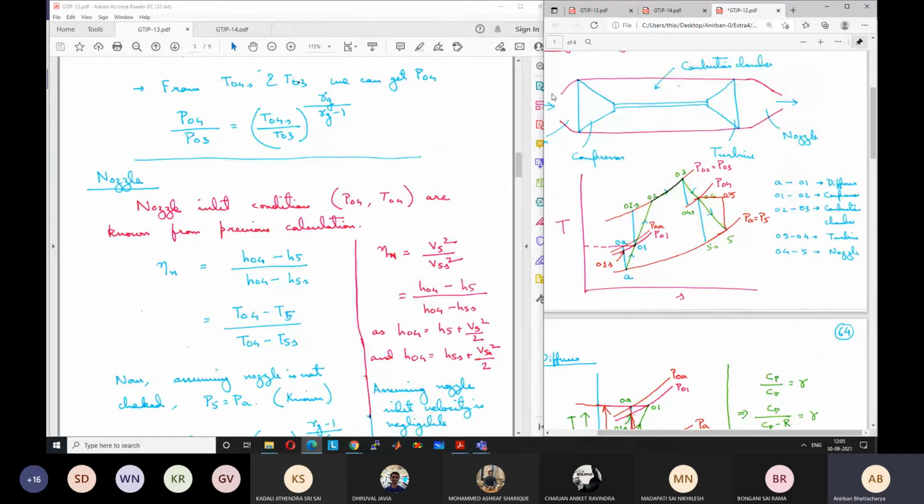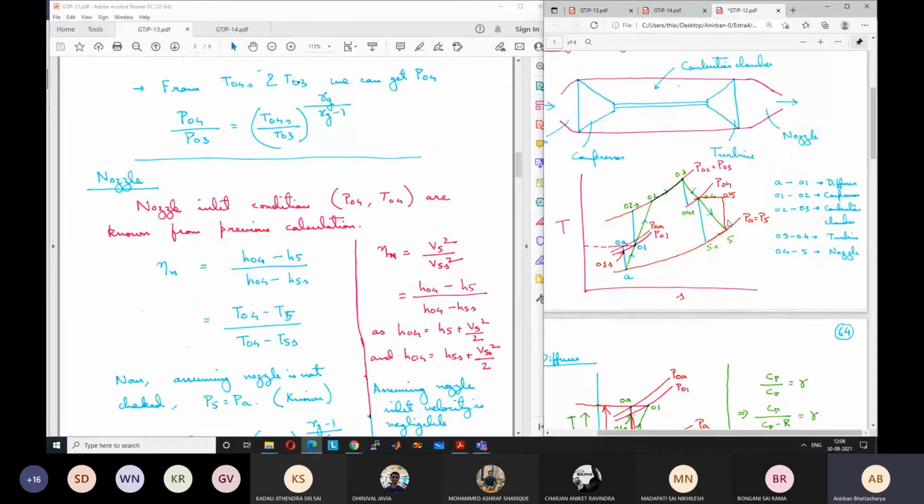If you use the first law, you will know that H4 plus half V4 square is equal to H5 plus half V5 square. Ideally, if there were no frictional losses, we would have reached this 5s point. But because of frictional losses, what is happening? Although the exit pressure is still equal to the ambient pressure, because the nozzle exit is kept at the ambient condition, right?